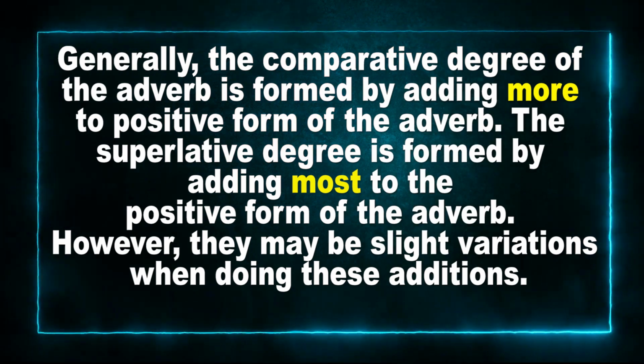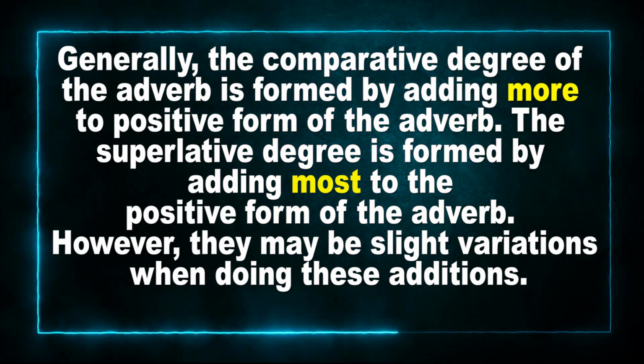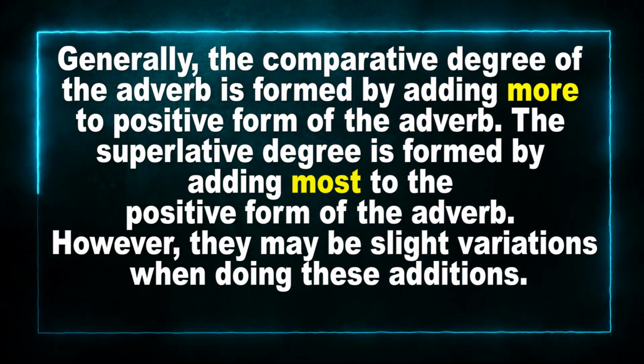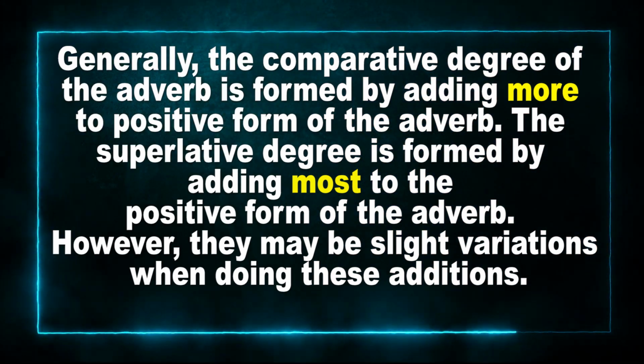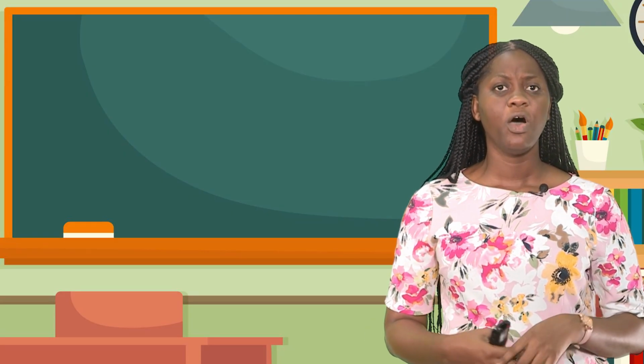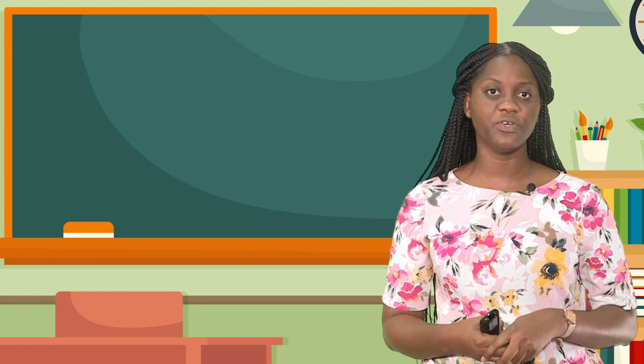The superlative degree is formed by adding most to the positive form of the adverb also. However, there are slight variations when doing these additions. So let's zoom in on the formation of the comparative and superlative degrees of adverbs.